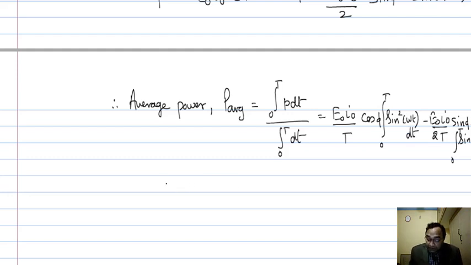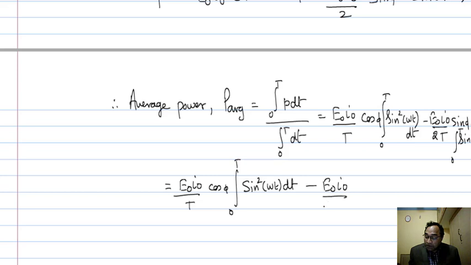So writing it in a proper way, we can write it this way: E naught I naught by T cos phi, integral from 0 to T of sin square omega t dt, minus E naught I naught by 2T sin phi, integration from 0 to T of sin of 2 omega t dt.